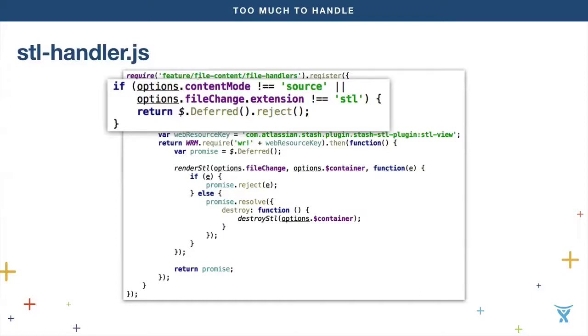We're using a jQuery deferred in this context. Now, if you're not familiar with a deferred, it's also known as a promise or a future in Java. It just allows you to respond asynchronously to a question. In this case, we're doing it synchronously, and we're saying upfront, we're rejecting it, we cannot handle this request.